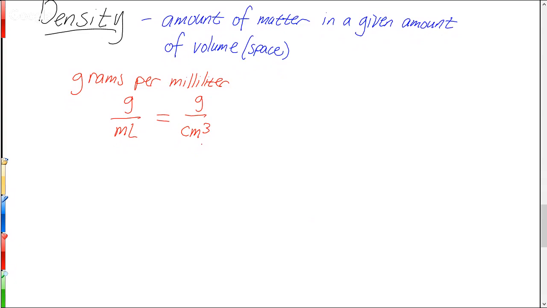So those two mean the same thing, they're interchangeable. This block is a liter, I believe, which is 1,000 cubic centimeters. Yeah, 1,000.